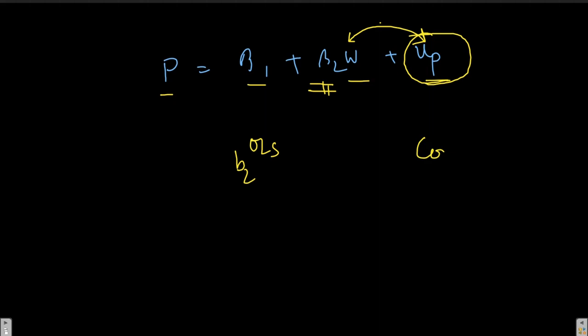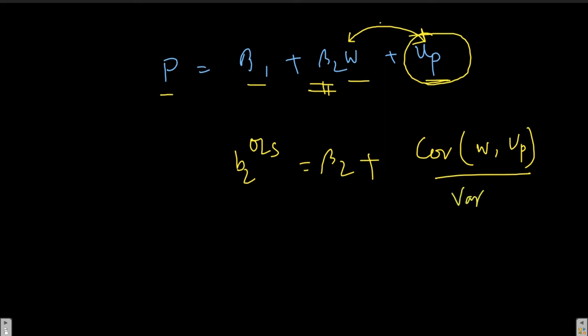I'll have beta 2 plus covariance of W and UP divided by variance of W. Now, because W and UP are not independent, this term is not going to be 0, and even asymptotically that is the case. So essentially, I get a B2 OLS which is biased and inconsistent.